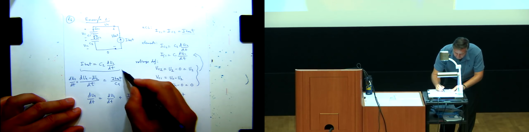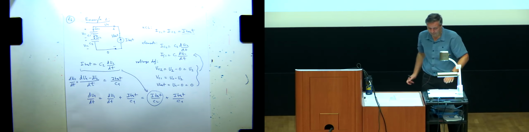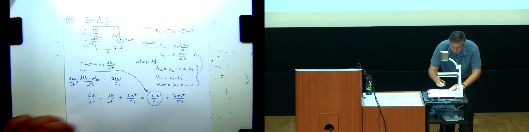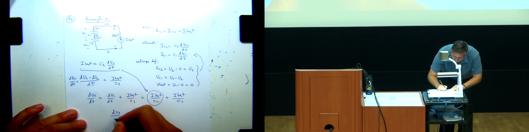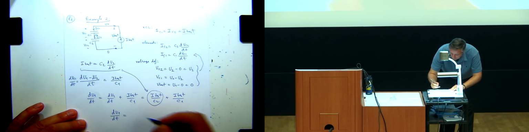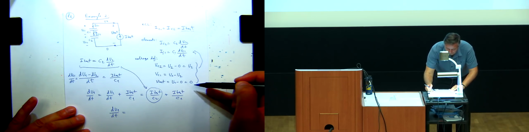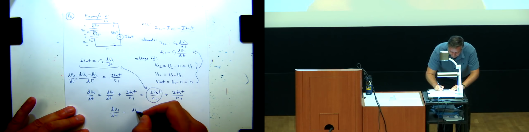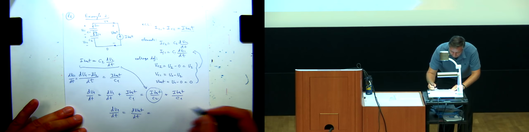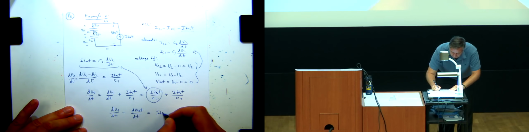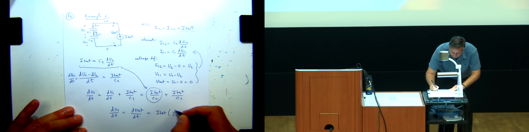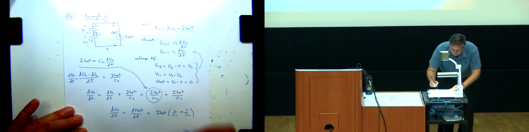This piece is coming from here. And then that finally tells me dU1/dt equals, if you look here, that's actually dV test over dt. And that equals I test times 1 over C1 plus 1 over C2.